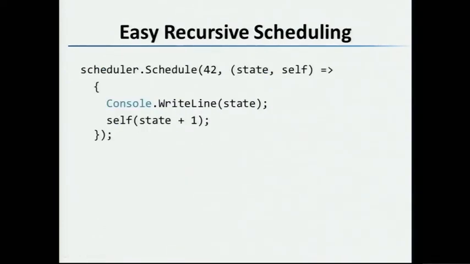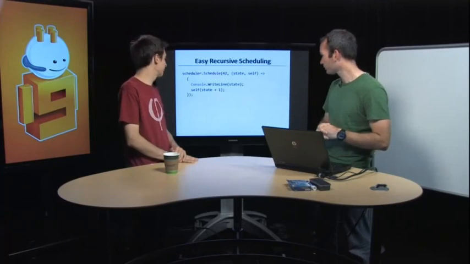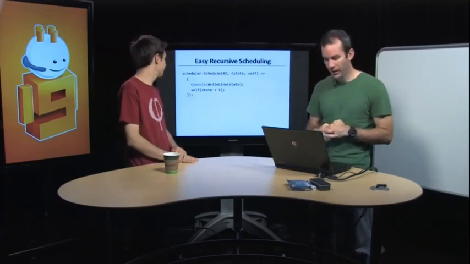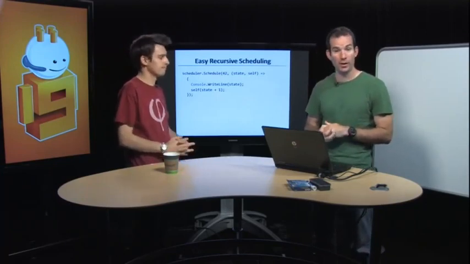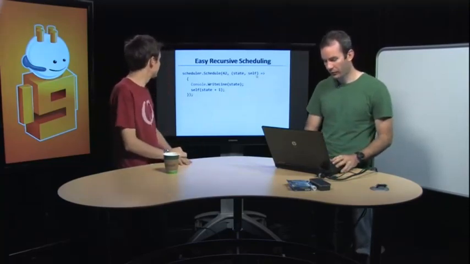The last thing we want to do is be able to do recursive scheduling. When I mentioned the interval timer, it is actually a case of recursive scheduling, where it continually schedules itself. Yes, it's scheduling back on the same scheduler, but it's a special version where it's always executing the same body of code. In those cases, we have extension methods on top of the scheduler interface that take a self parameter.